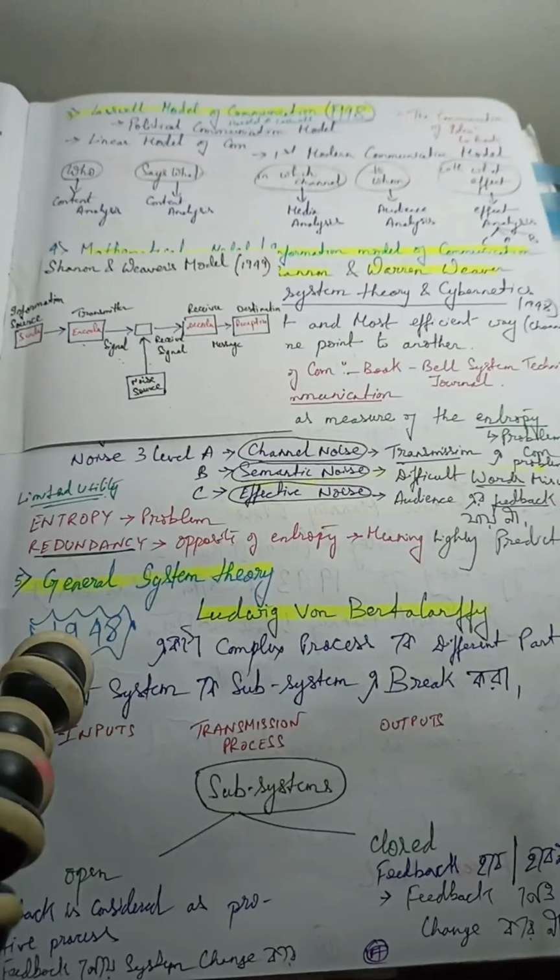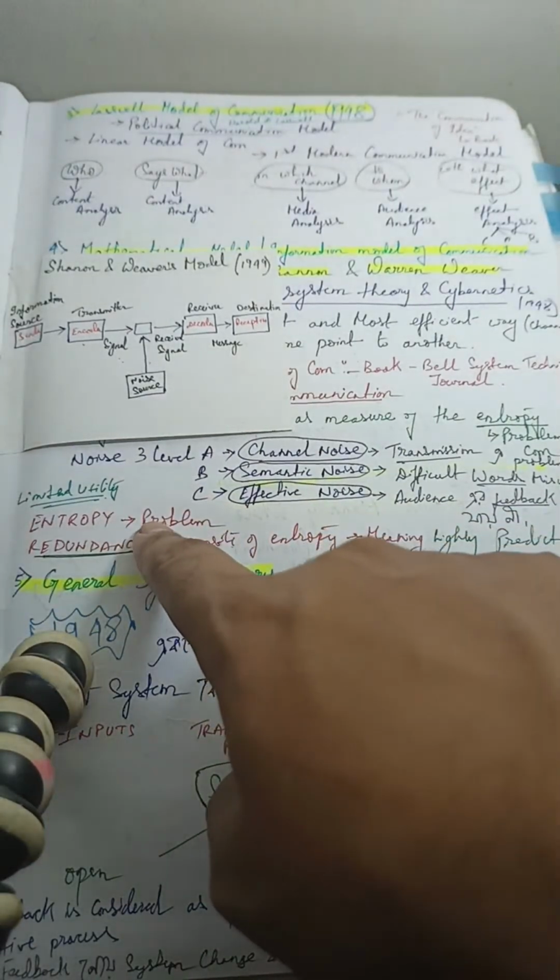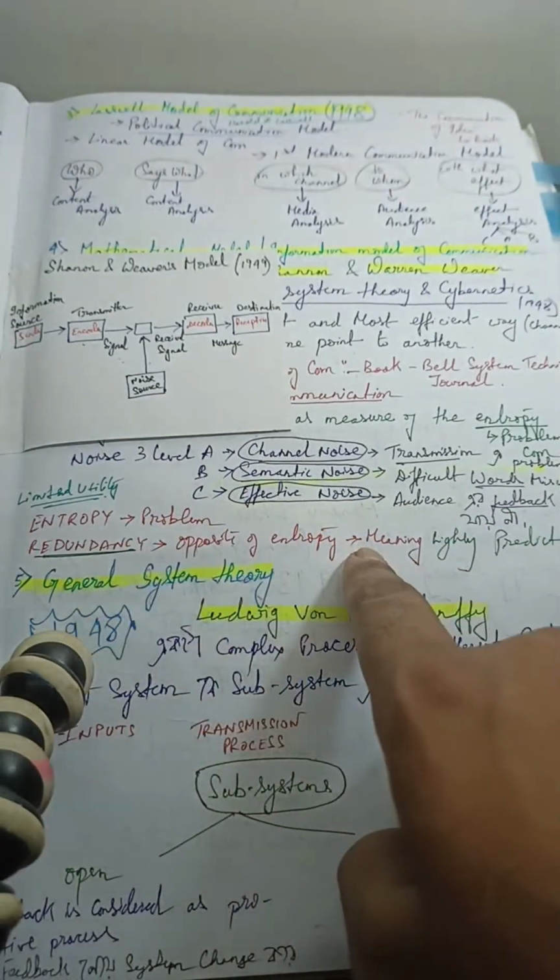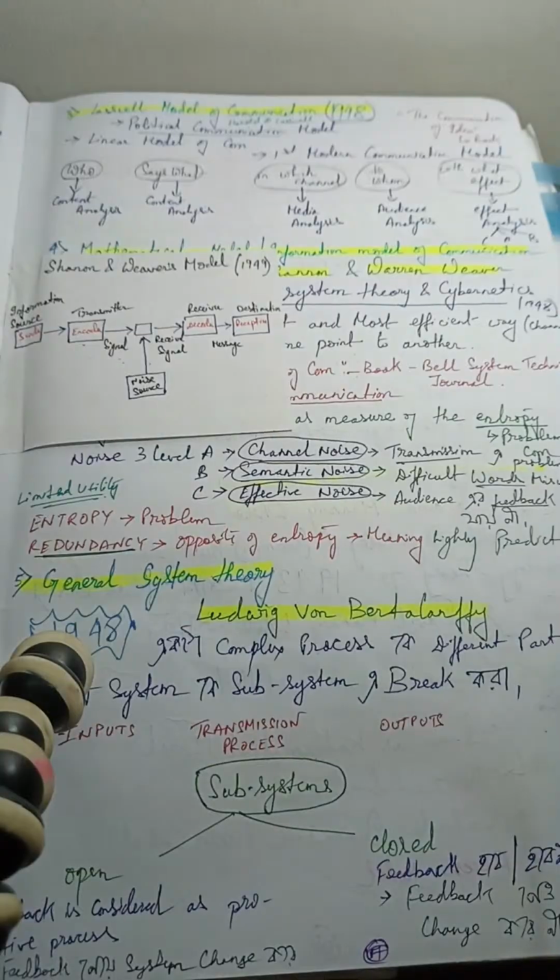For example, you are talking over a phone, but there's static noise or the call drops. Linear models are helpful when the message needs to be delivered clearly without expecting a reply. As far as Shannon and Weaver's model is concerned, entropy means the problem, and redundancy is the opposite of entropy, which means highly predictable.